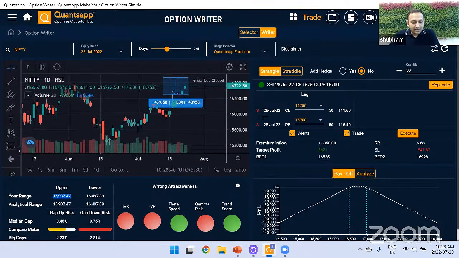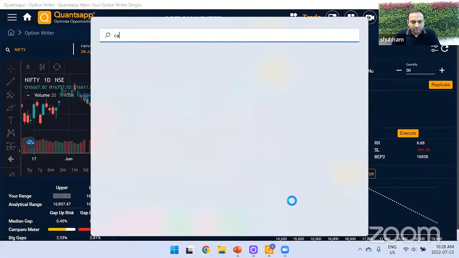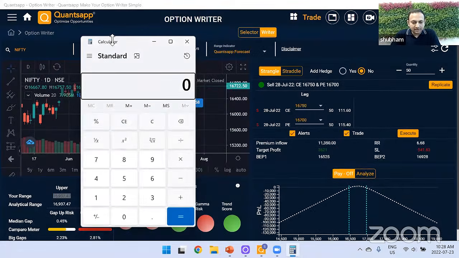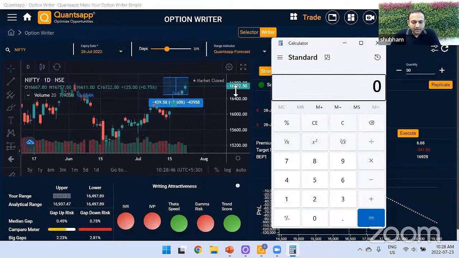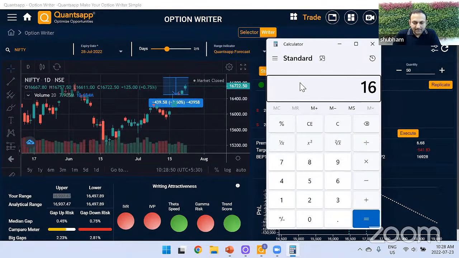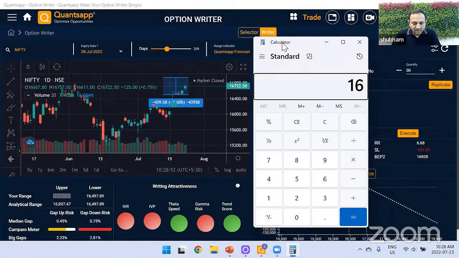If I calculate the difference, Nifty closed at 16,722. So the range asking me to sell on the upside is 16,937 minus 16,722. If I'm selling for intraday, this is only intraday, I'll come to what we should be doing for expiry as well.